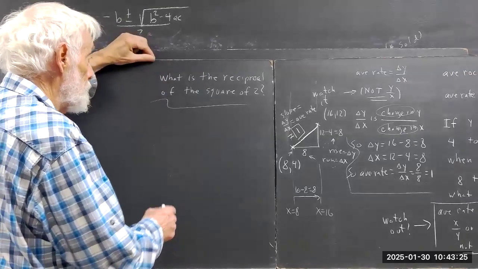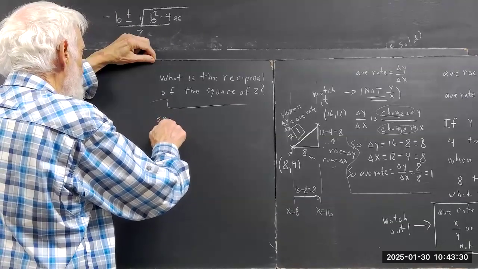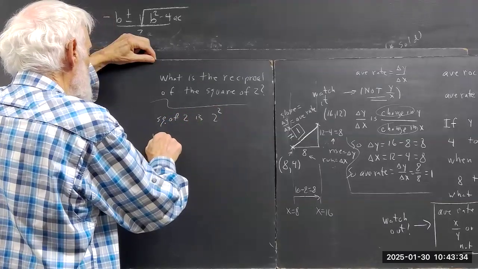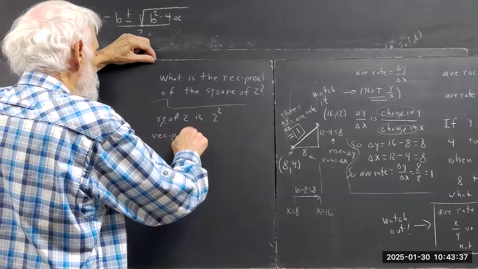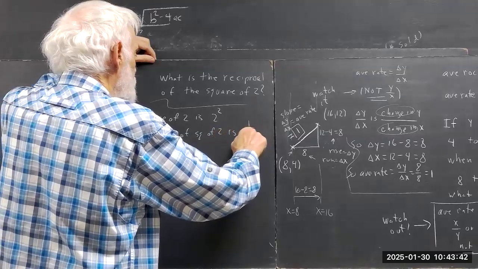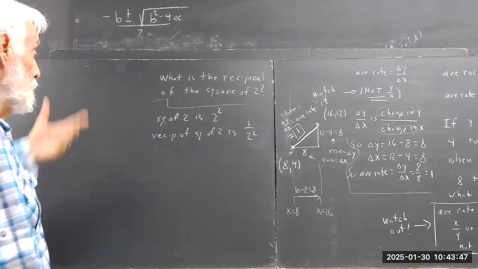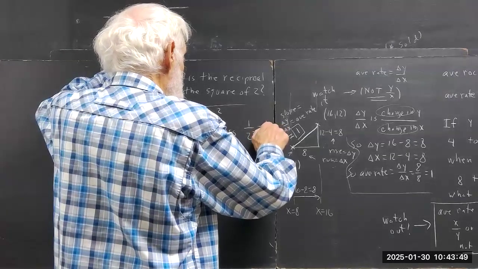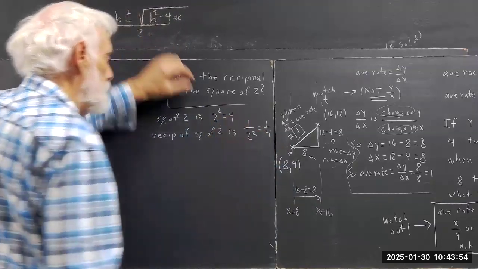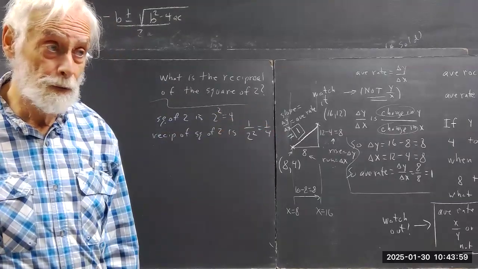Okay, what's the reciprocal of the square root of 2? Well, if you wanted to do the numbers, which ultimately you would want to do, you could write the reciprocal of the square root of 2 this way, or you could just do the calculation, right?